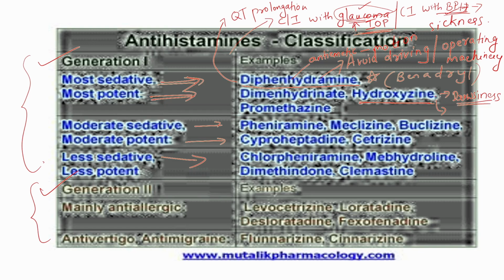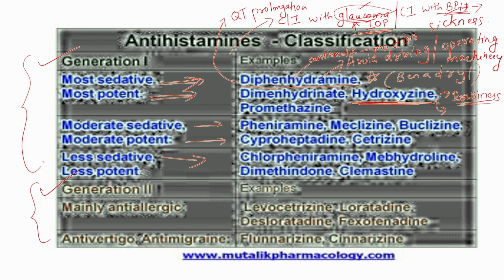So if we are giving any other sedative drug along with hydroxyzine, like diazepam, both of these drugs are CNS depressants, so excessive sedation can occur, respiratory depression, confusion, everything can occur. So this is also a very important drug that we should learn. Hydroxyzine can be given for patients with insomnia because it is a sedating drug.